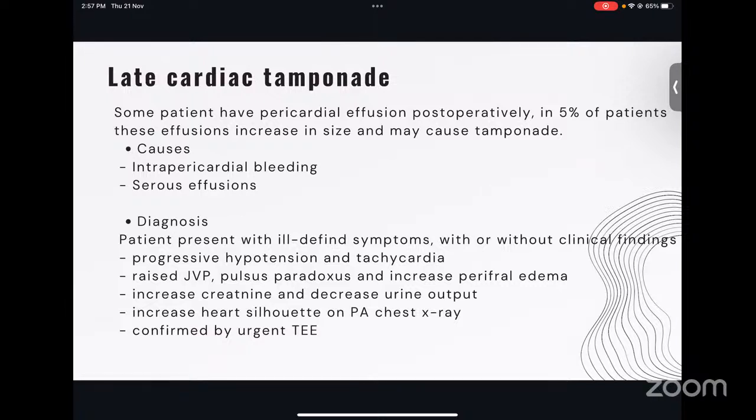It may increase the creatinine and decrease urine output. It may show on chest X-ray and be confirmed by urgent transesophageal echo. Muffled heart sounds and pericardial rub are often non-specific for cardiac tamponade, but the definitive management is urgent pericardiocentesis.